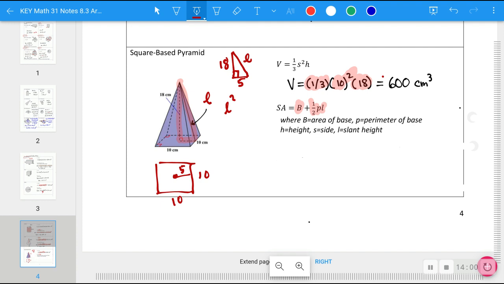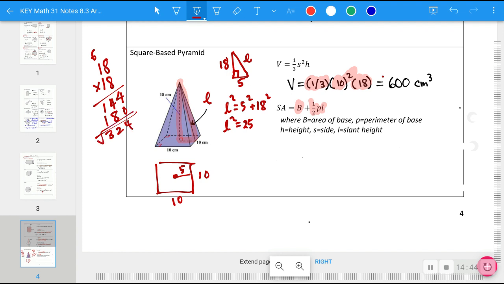So L squared equals 5 squared plus 18 squared. So then L squared here is equal to 25 plus, oh gee, I'm on the spot here, 18 times 18. 324.